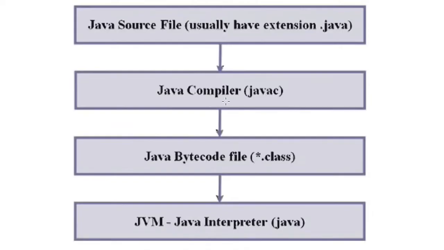So this is javac. javac is the command to compile your program. After compilation, if the compilation process is successful, then it generates bytecode. Bytecode is a form of your code that can be directly executed by your computer.